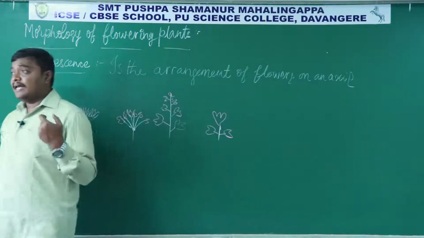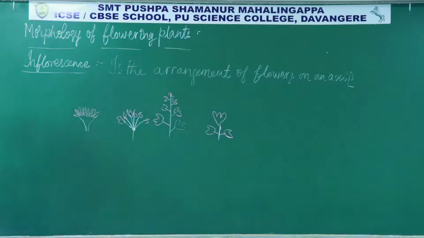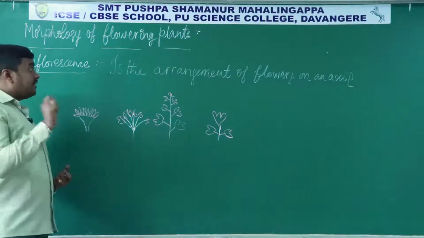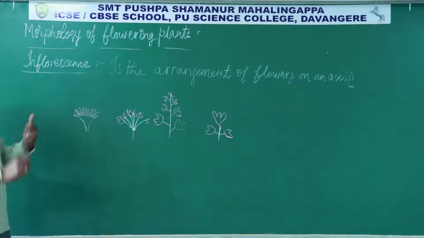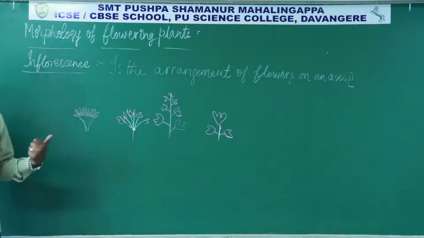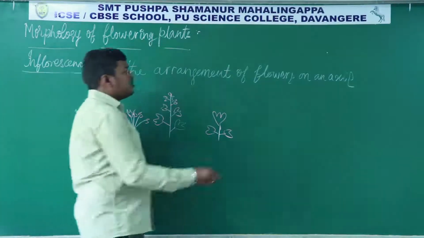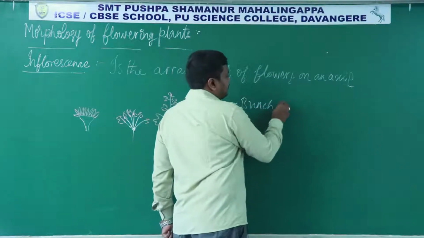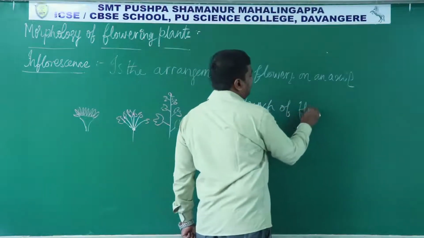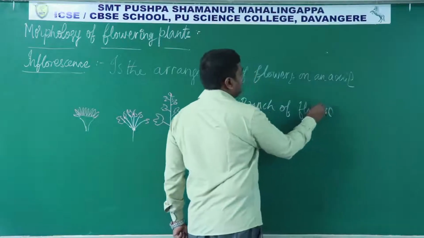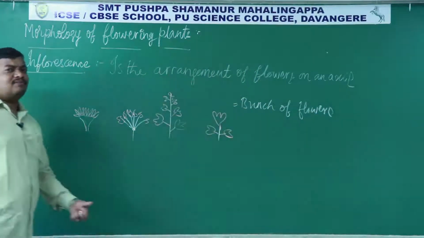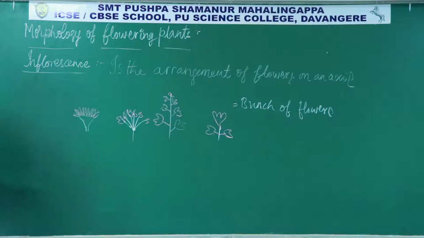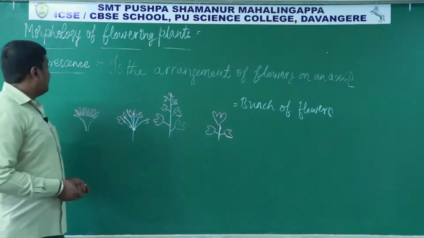Like this, different plants show different patterns of arrangement of flowers. That pattern of arrangement of flowers on an axis is nothing but inflorescence. It is nothing but a bunch of flowers. And in very few cases it will not produce bunches, instead only one flower is produced per inflorescence. That is also there.